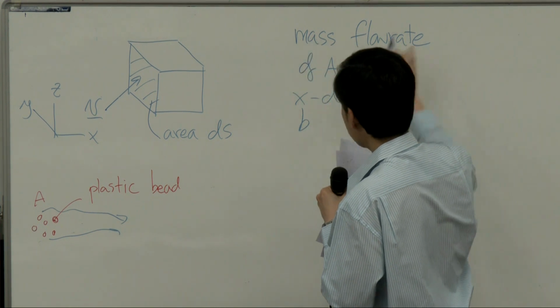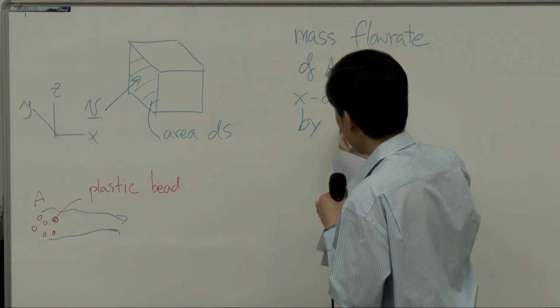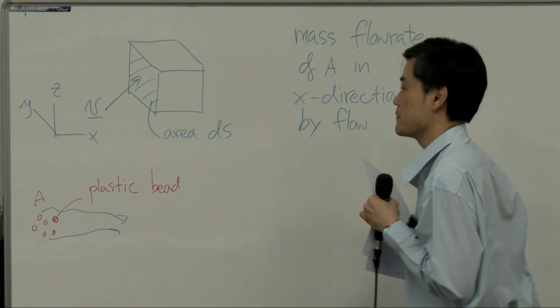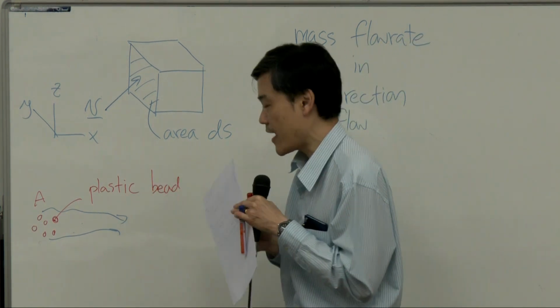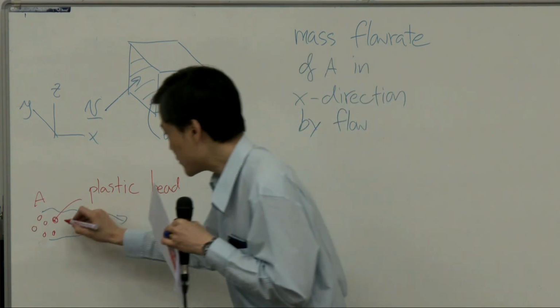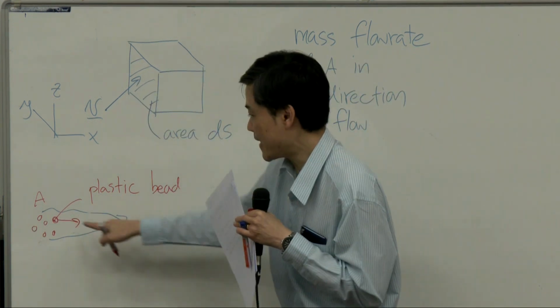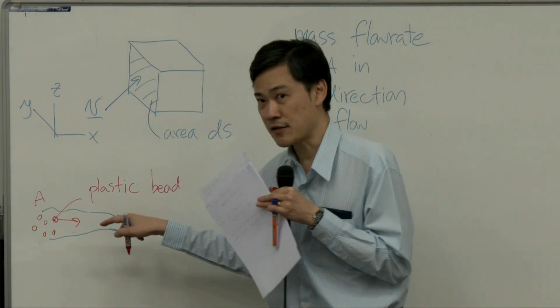And this is mass flow rate carried by the flow. So you have to understand, because my bead here has no power, its velocity would be exactly the same as the velocity of the flow.